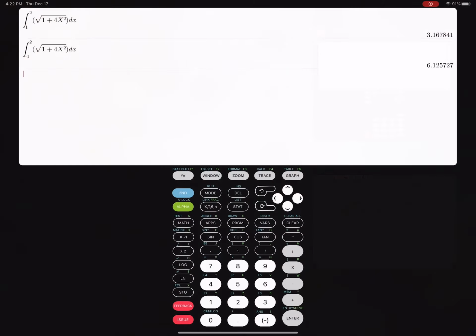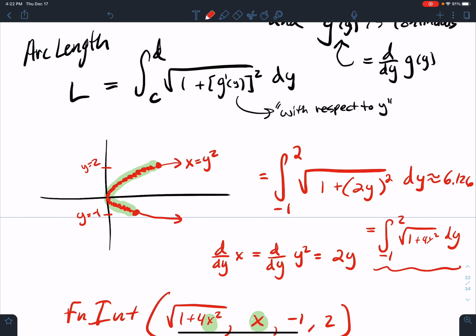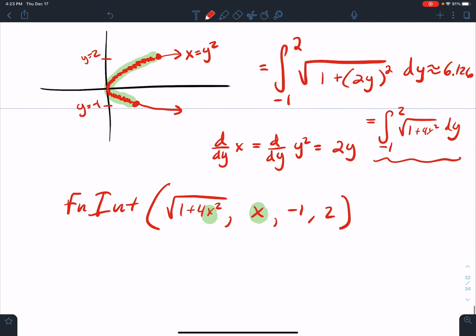So the answer is 6.126. All right, just like that, no biggie there. So that's how you use the formula to get the arc length.